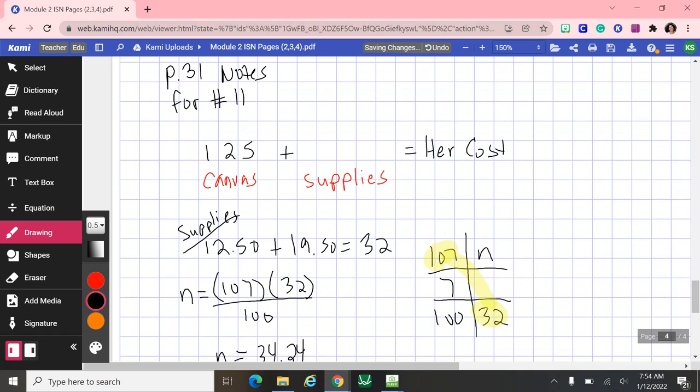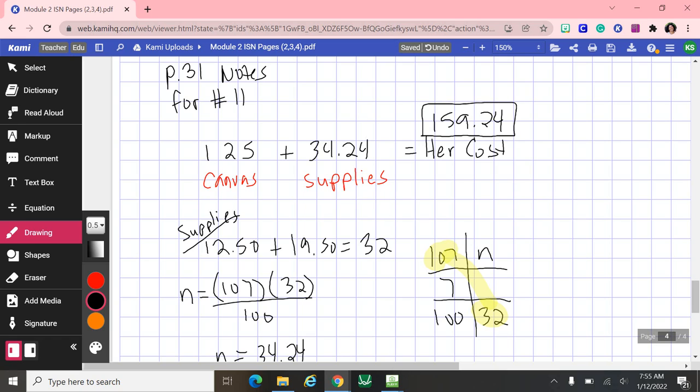So that's what I'm going to put up here by the supplies, $34.24. Her total cost that she paid out of pocket comes out to be, when you do this addition, $159.24. That's her cost.